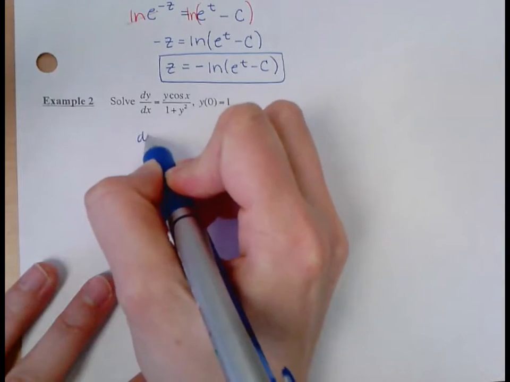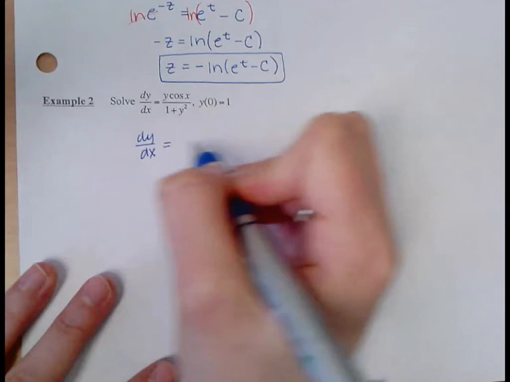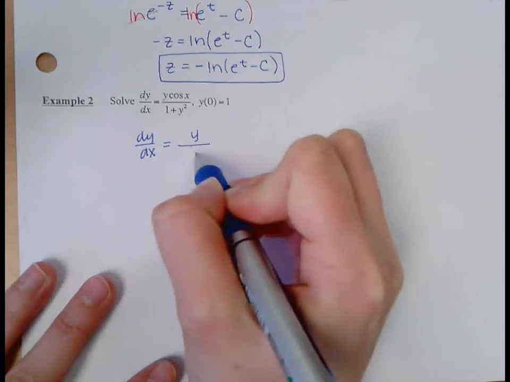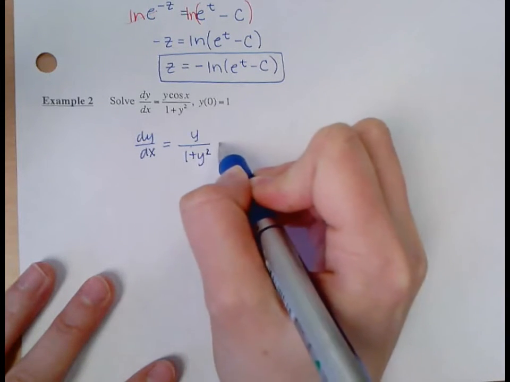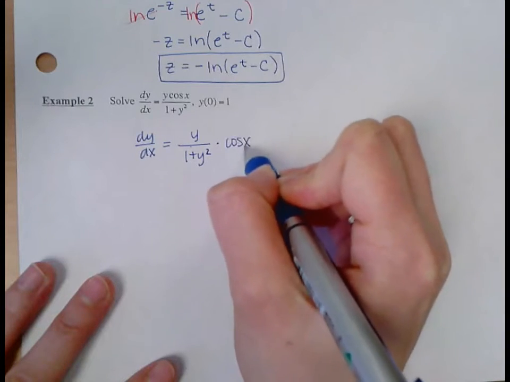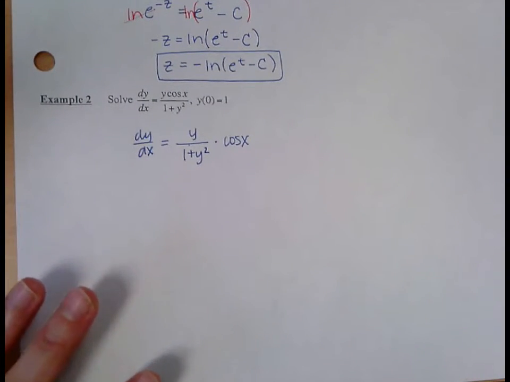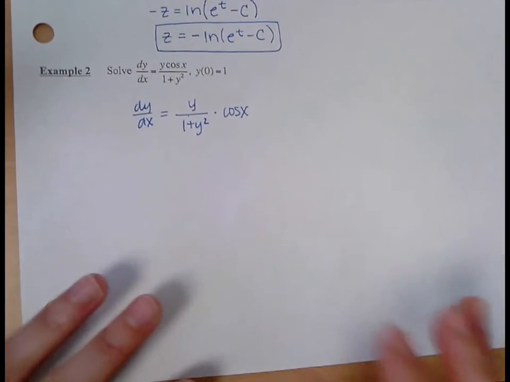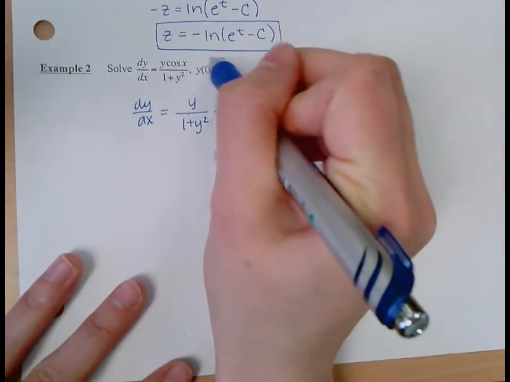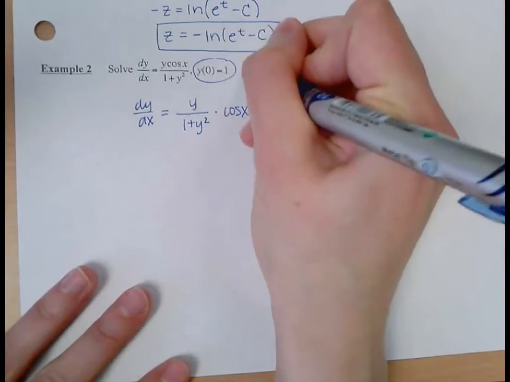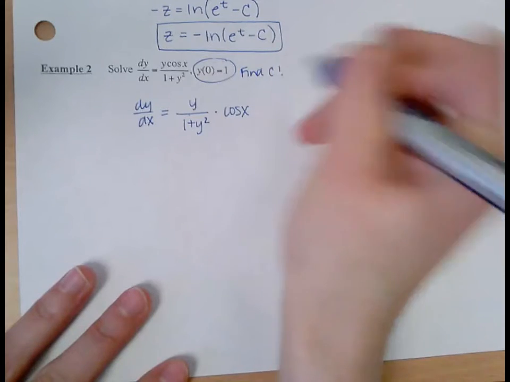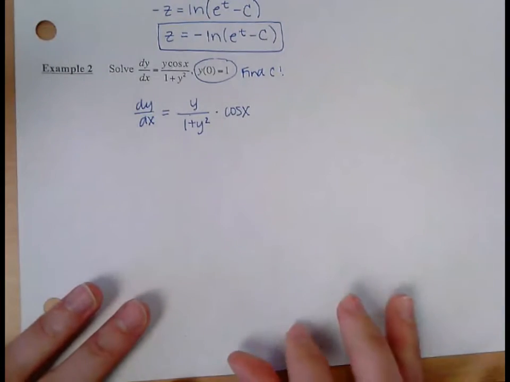Yeah, so we have dy dx equals y over 1 plus y squared times cosine of x. We could write it that way. So a function of y times a function of x. This y of 0 equals 1, that's the initial condition, so we'll be able to find C for this one. So C should not be left in our answer.